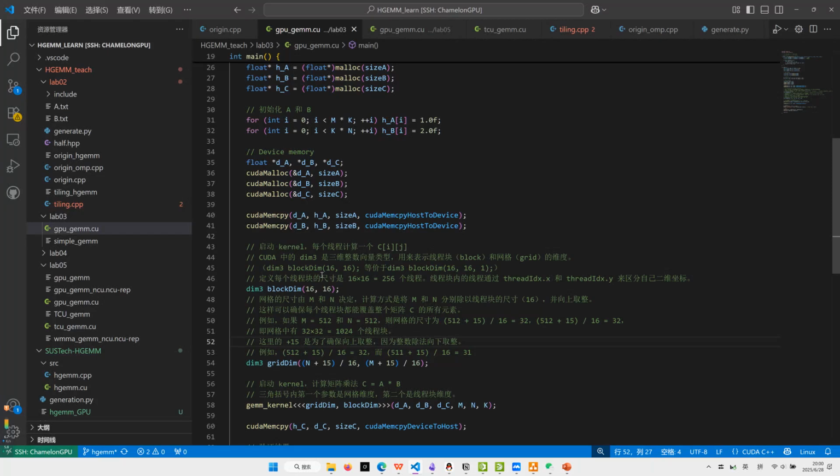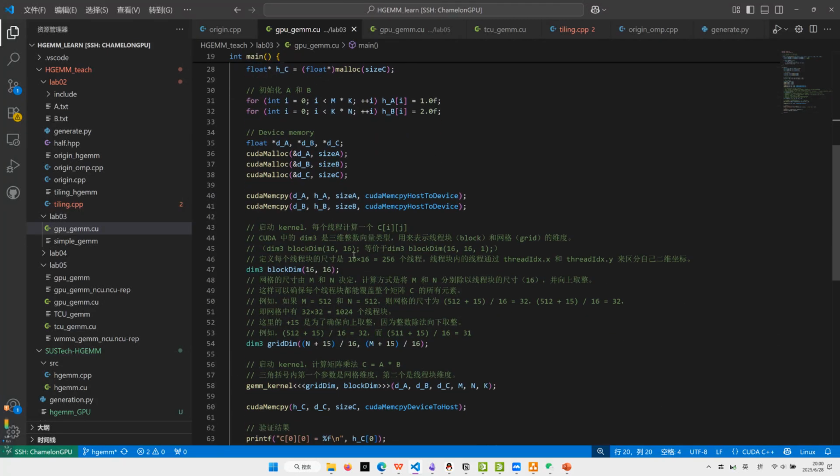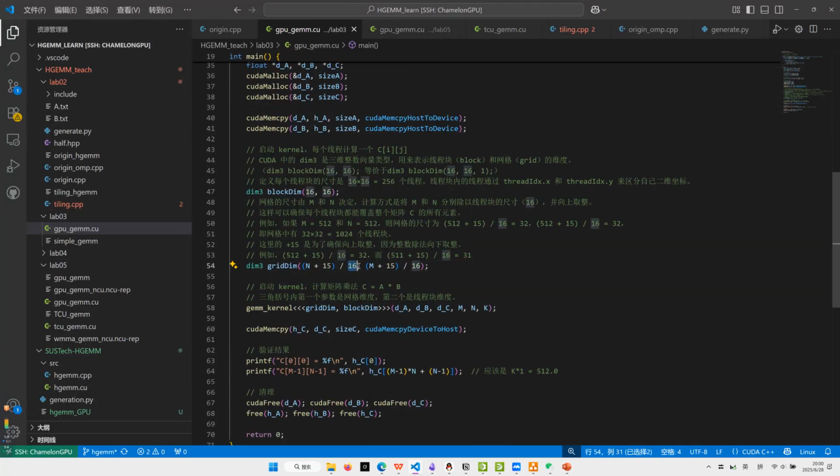For example, this is 1024 divided by 16. That would be 64. So there will be 64 times 64 equals 4096. Yeah, that's right.